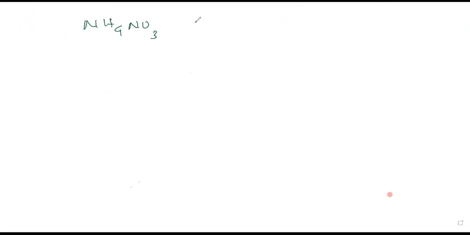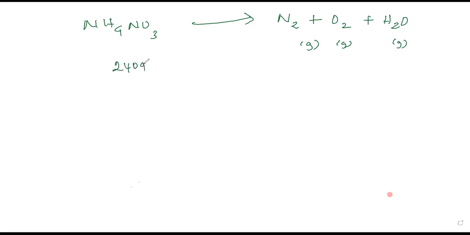Ammonium nitrate giving nitrogen, oxygen gas. What is the mass given here? 41.